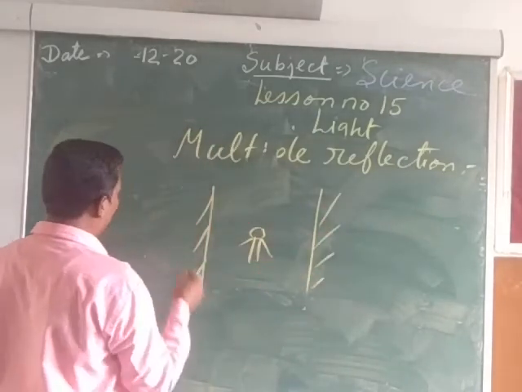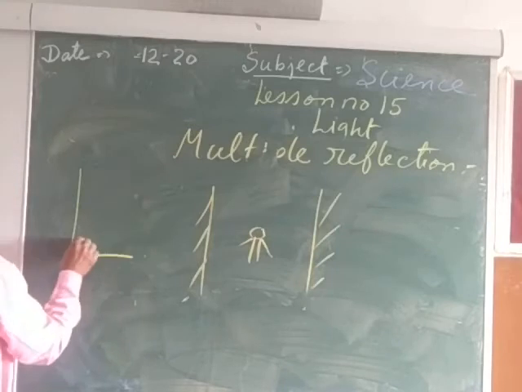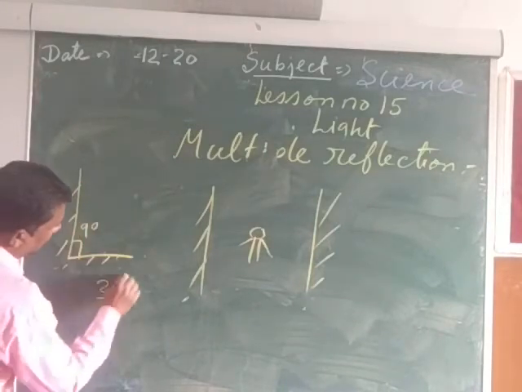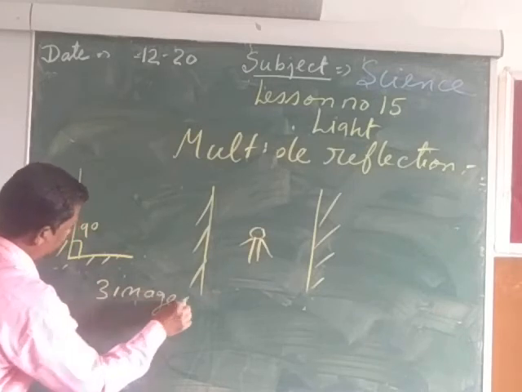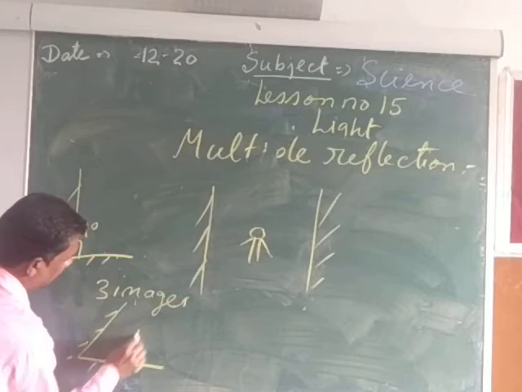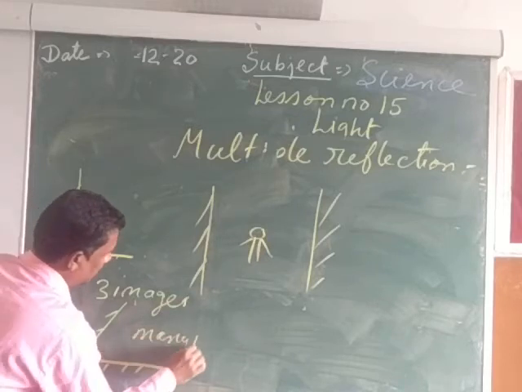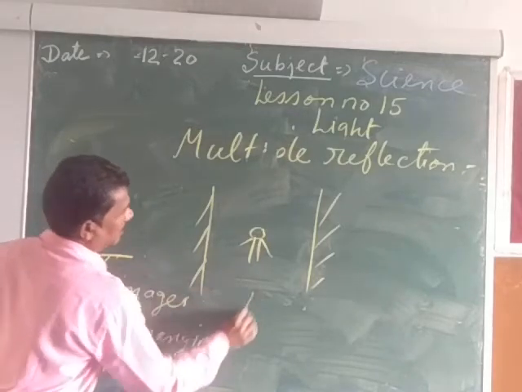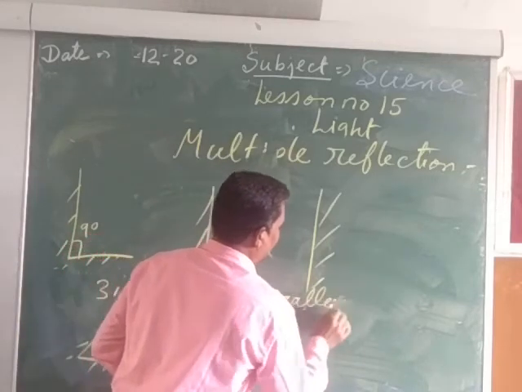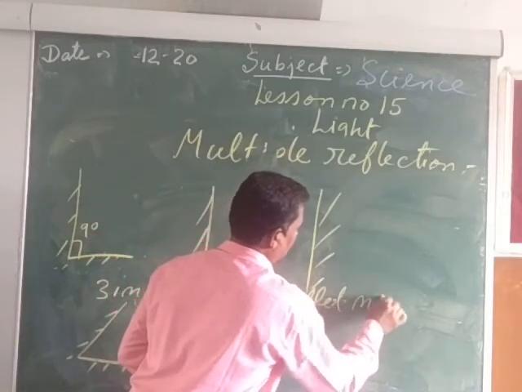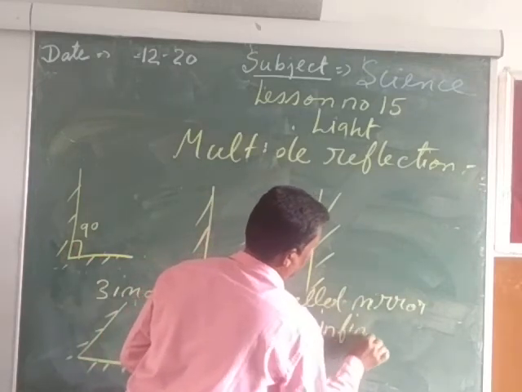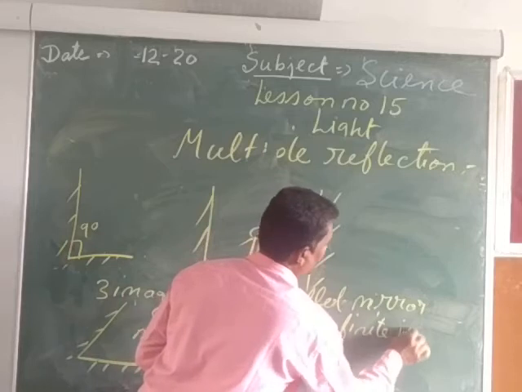Infinite is uncountable. So see here: 90 degree, 3 images; less than 90, many images; and parallel mirrors, infinite images.